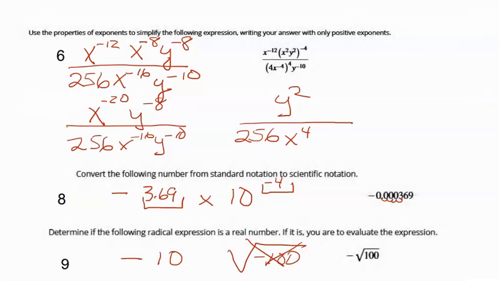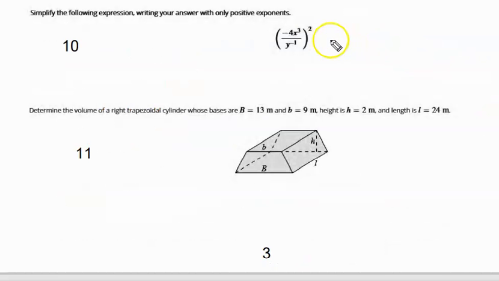All right. Going on to number 10 now. We need to expand this. This is the powers rule. So a negative 4 squared is 16. X to the third raised to the second is going to be multiplication, x to the sixth.